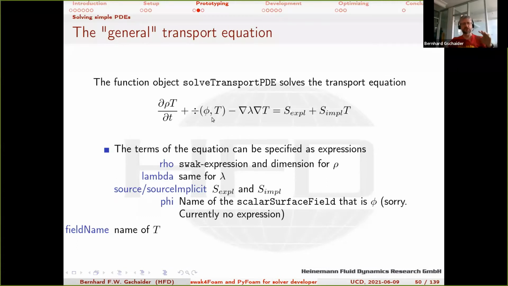I still use this one because it's more flexible, as you will see, because I can basically use expressions for everything. So it has the time derivative, divergence or convection term, diffusion term, and then the source term split into two parts. One is explicit if it doesn't depend on your variable, and the other is implicit if it depends on your variable, because that might improve things numerically.